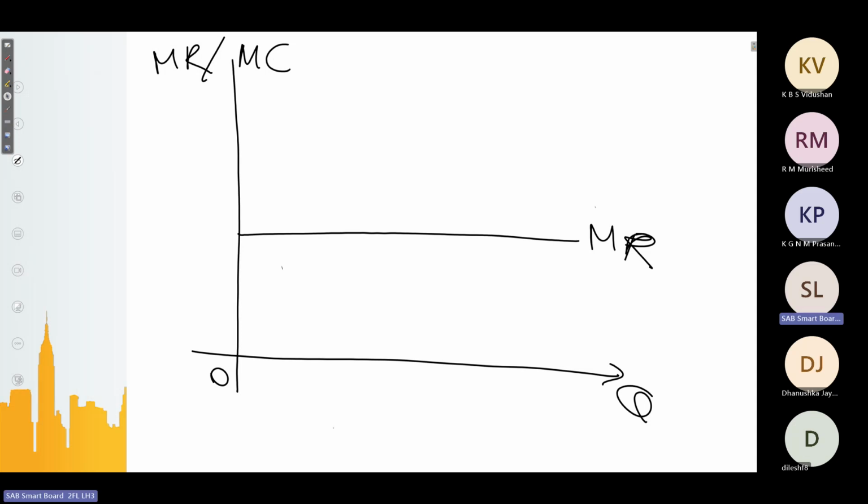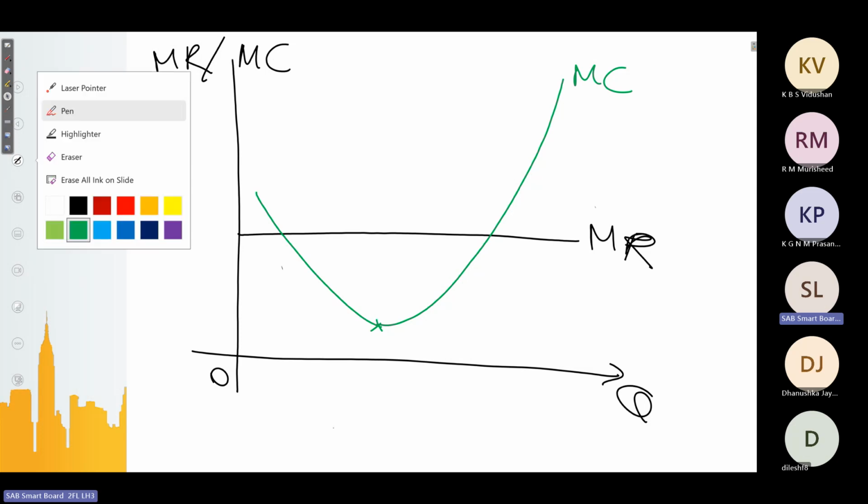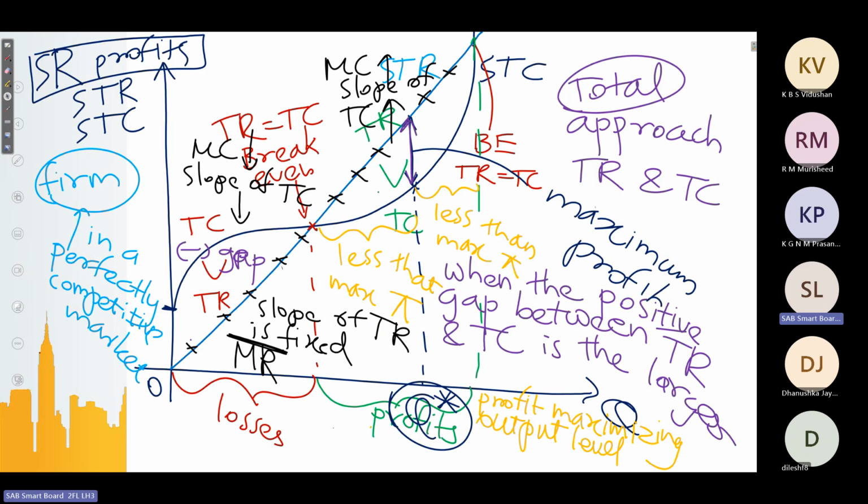And what about marginal cost? Marginal cost, initially, it's declining and reaches the minimum, and afterwards it increases. That's what we understood from the previous diagram.